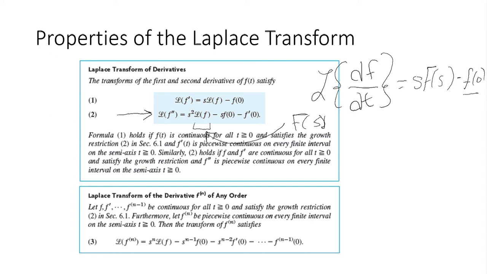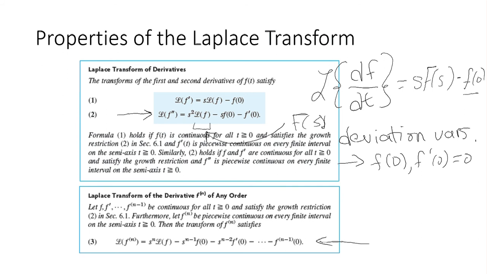You'll find that the deviation variables we talked about in the last lecture often result in the initial condition of the function and its derivatives all equal to 0. For higher order derivatives, the same process continues to apply.